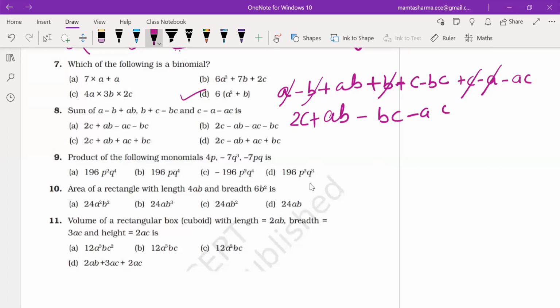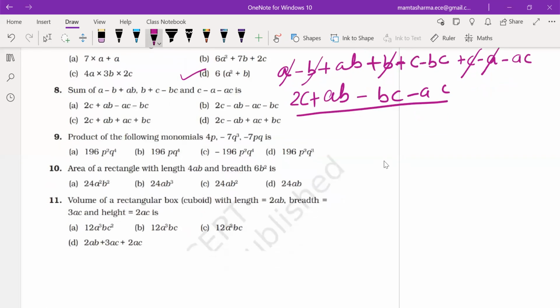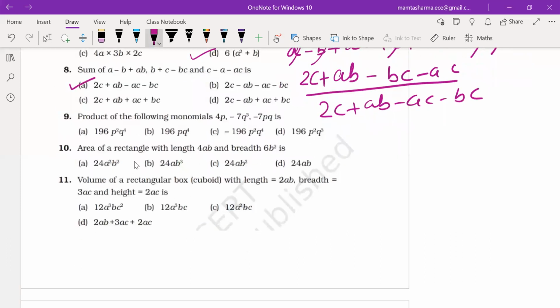So now match it with the options. Ma'am, that is AC minus BC, not BC minus AC. Yes, you can write it in any way. Both will be correct. Option A. AB minus AC minus BC. Okay, both were correct. You can write this term as AC minus BC. Both ways are correct.